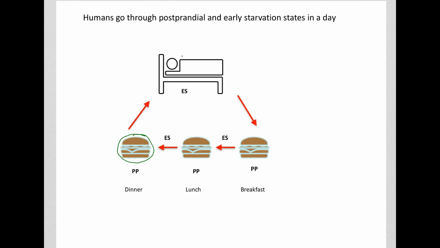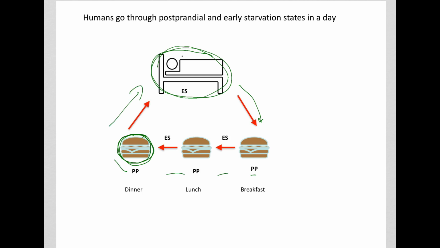After a meal, we have our glucose coming from the diet that is going to maintain our blood glucose more than 40. And when we are in early starvation, then it's your liver glycogen that is going to maintain your blood glucose more than 40. And we'll cycle through these early starvation and postprandial states throughout the day.